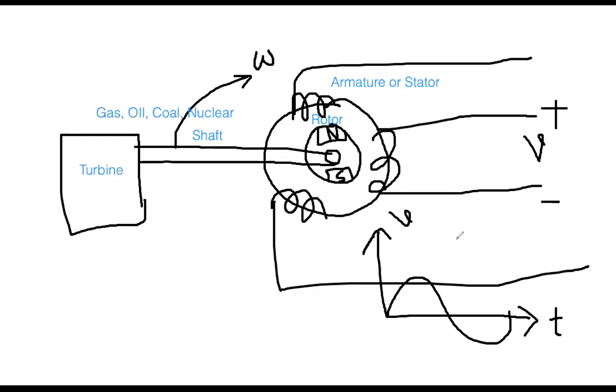What is wrong if I place another set of coil here and then collect the voltage from these terminals? This means that now I can produce one set of voltage here, another set of voltage on this coil, and another set of voltage on this coil. But my shaft is the same. My magnetic pole is the same. I have only one set of magnetic pole. So I am getting an advantage. What is the advantage? I am able to produce more voltage.